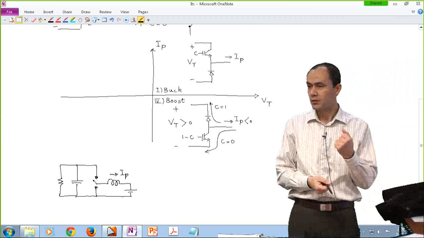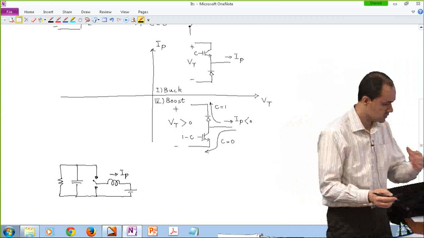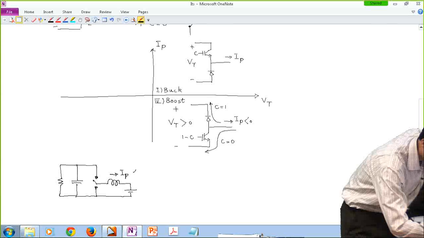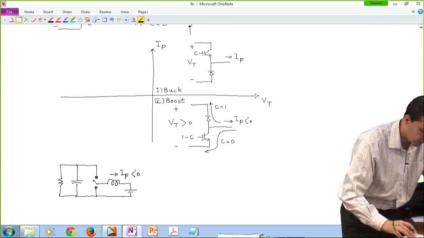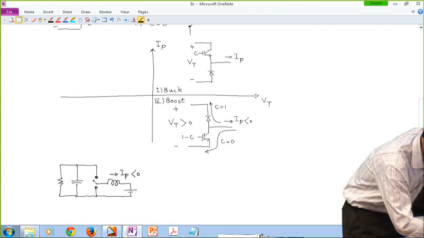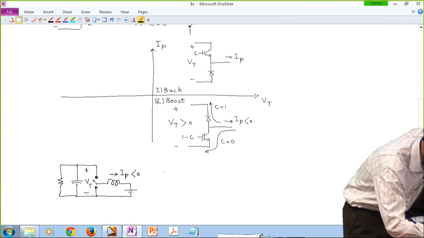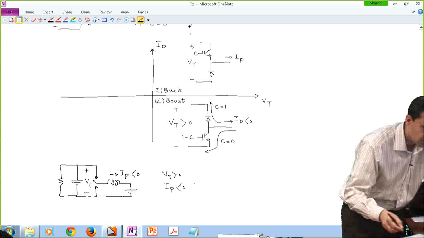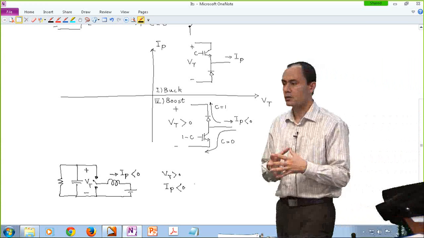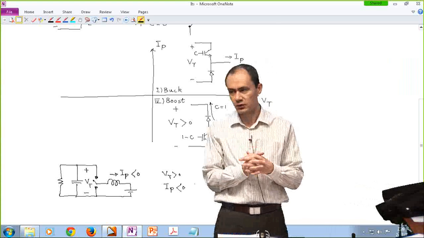But if you want to get power from the battery and send it to the load, this turns out to be a negative current. So technically, we are looking at a single pole double throw switch with a positive output voltage. So VT is positive and I pole is negative. Therefore, we are looking at a fourth quadrant switch and actually a realization for the boost converter.